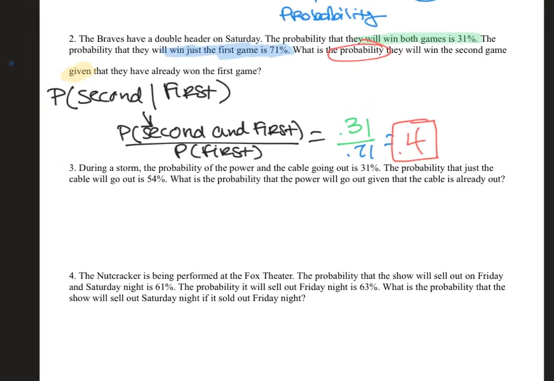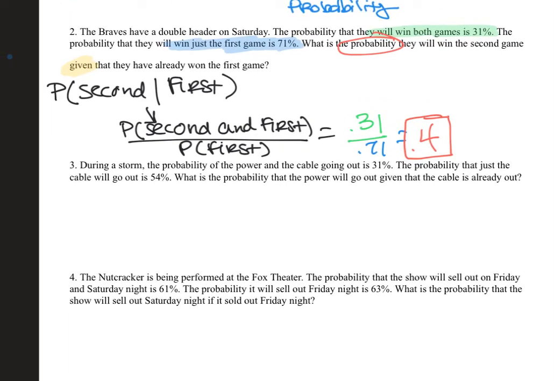We'll go over one more. During a storm, the probability of the power and the cable going out is 31%. So my AND, that is important: power and cable going out is 0.31, or 31%. The probability that just the cable will go out is 54%.